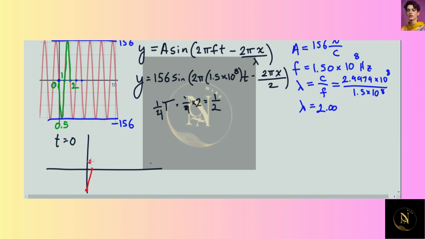Now this is the new 0.5. Make that a little cleaner. This is 0. This is 0.5. The amplitude that was at 1.5 is now at 1.